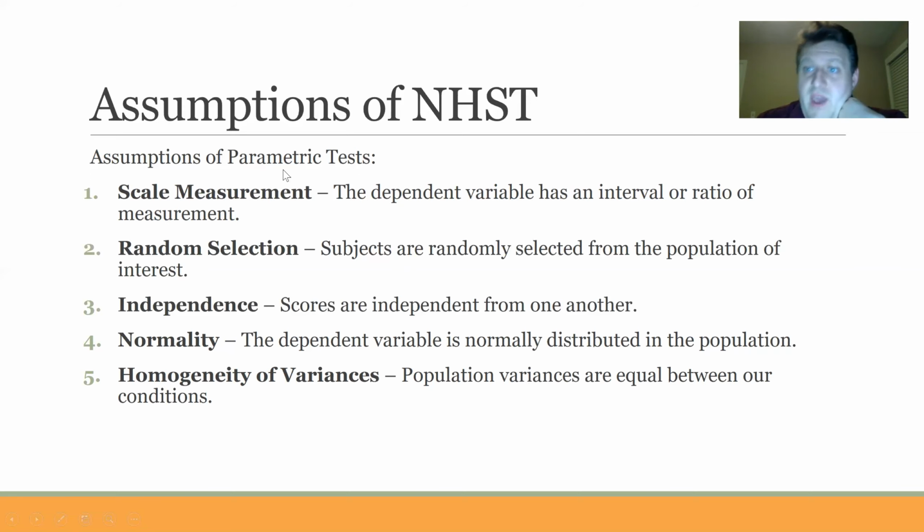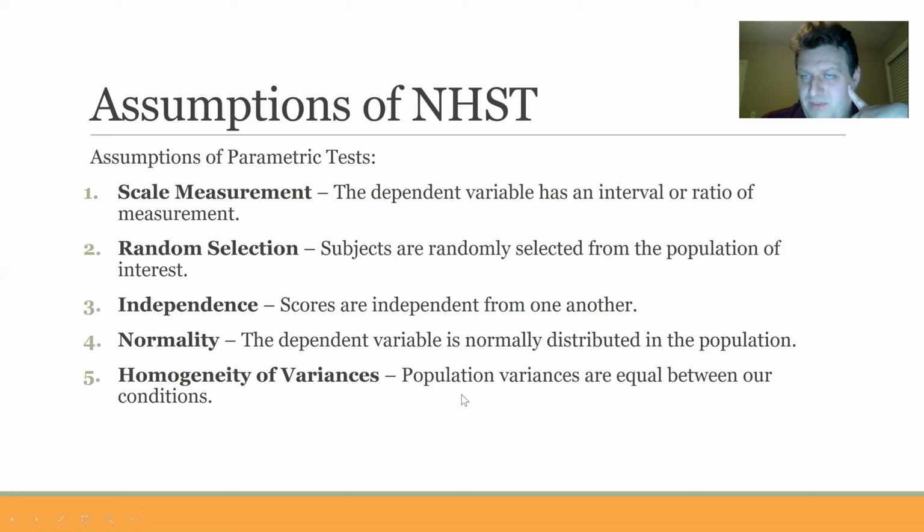All right, if we have an experimental group and a control condition, we're assuming that in the population, those two variances are exactly the same. If there is a difference, this might lead us to make an incorrect conclusion doing our statistical analyses. This is going to be particularly problematic when we talk about an independent samples t-test.